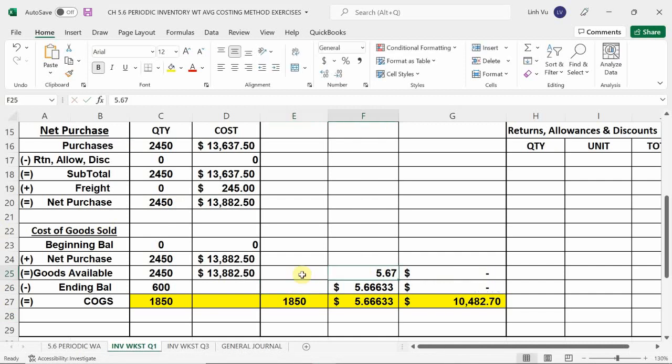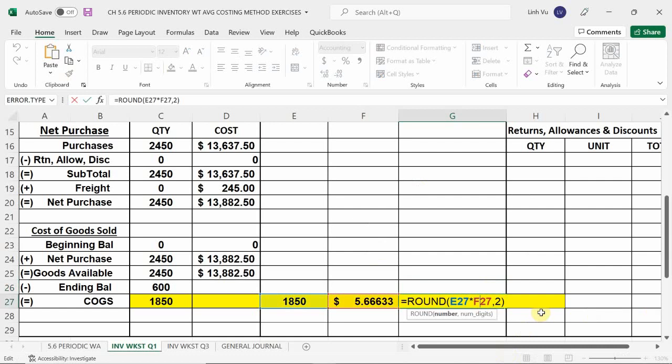Okay. So again, when we are using Excel, I'm going to be using the equal round formula. Once again, that was equal round. The first argument is going to be your equation that you're trying to solve. So in this case, I'm trying to find out what 1850 times 5.66633 is going to be.